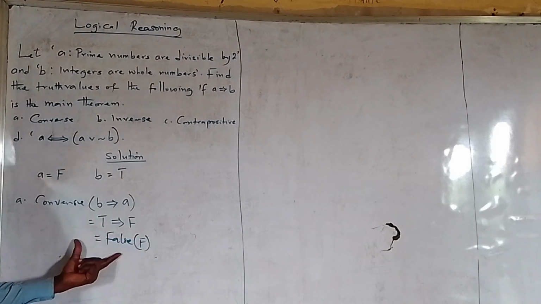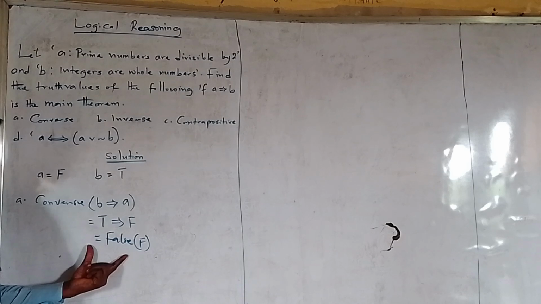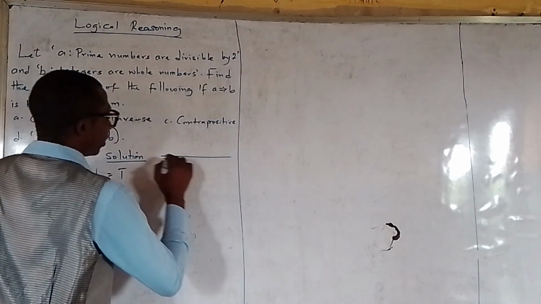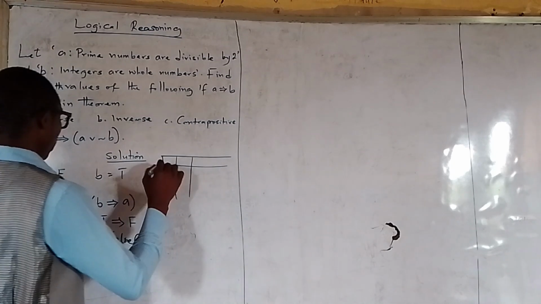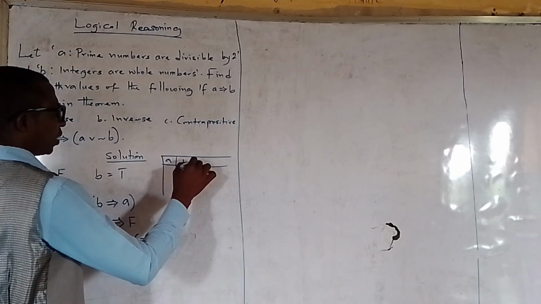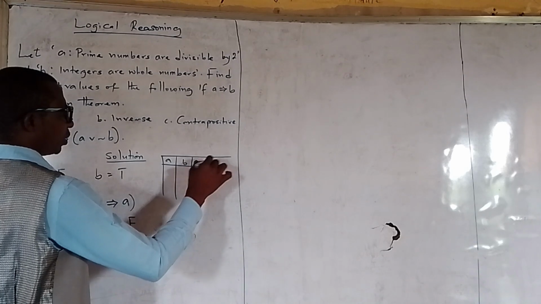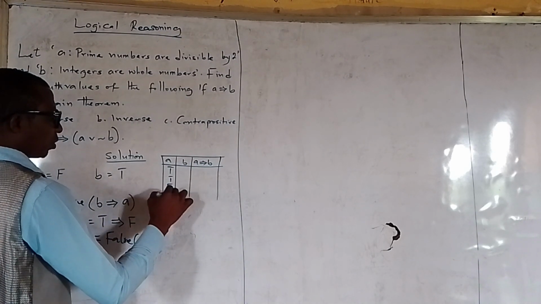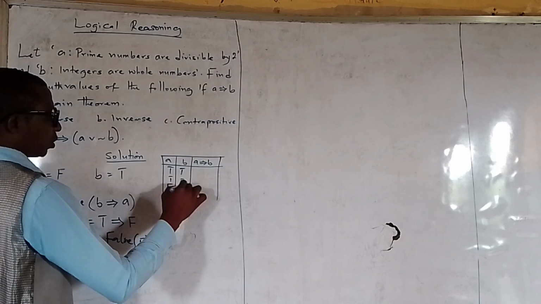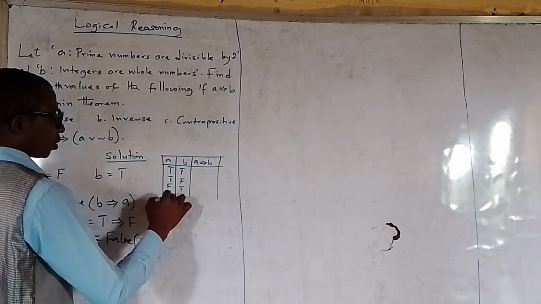Now for you to be able to understand the solution to this question very well, you must understand this table. It's going to be A, B, and A implies B. So this is true, true, false, false. This is true, false, true, false.